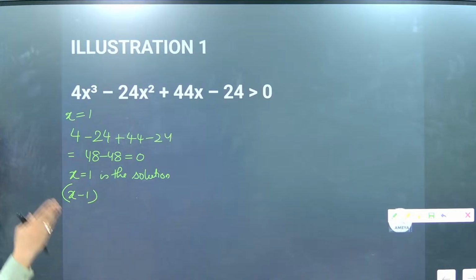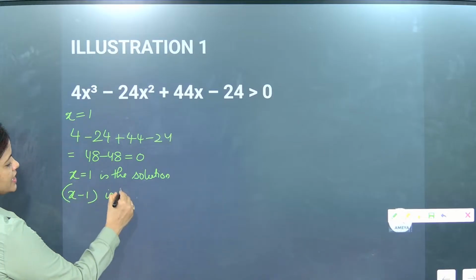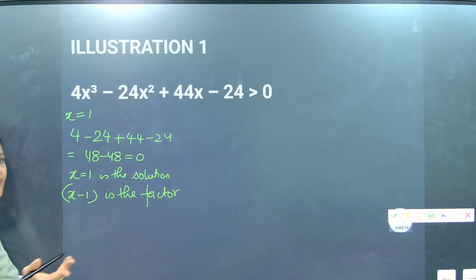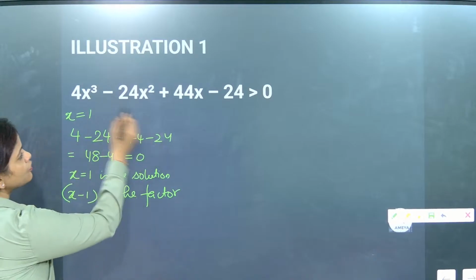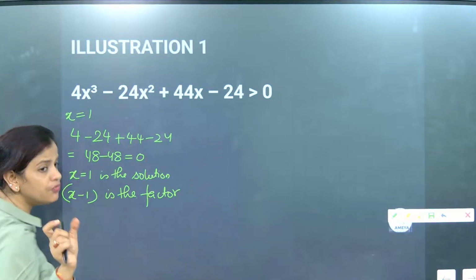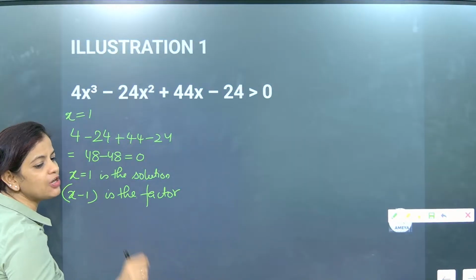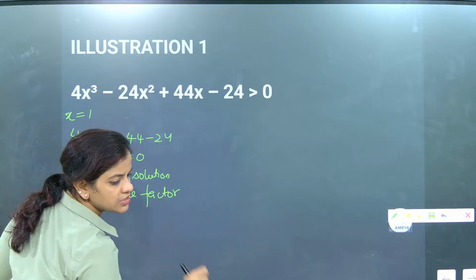But once I am getting the factor, what will I do with it? I have to solve this and convert it into factors to get the points to be presented on a line. So these things we have to do.